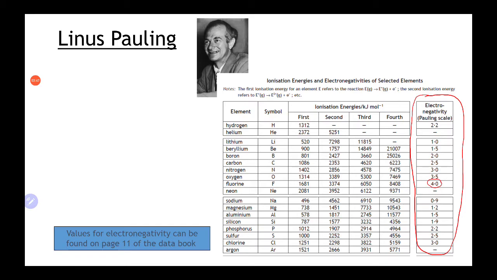If we look at something like sodium, the value for sodium is only 0.9, which is really low. That means that electrons are likely to be moving away from sodium to something with a higher electronegativity value.